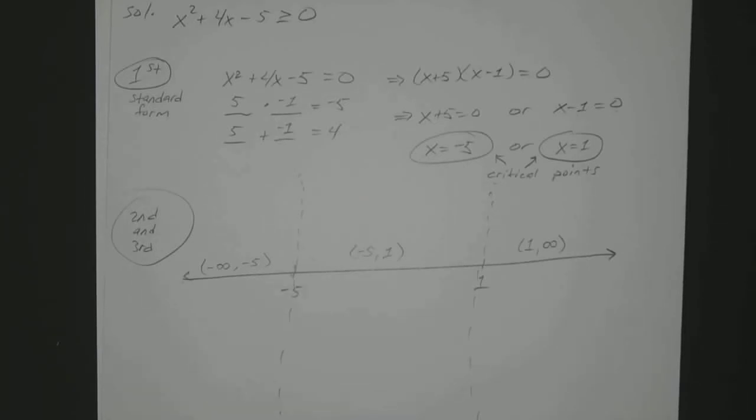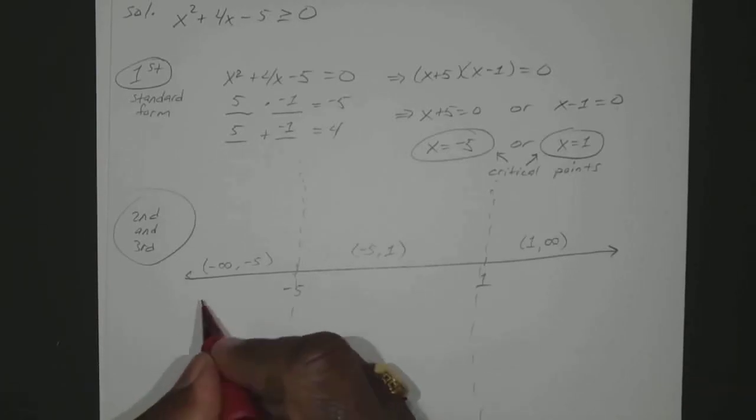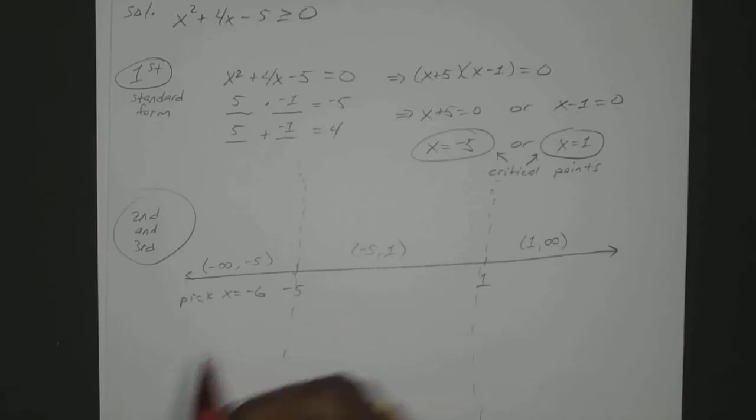Now we pick our test values. For this interval, I'll pick x equals negative 6. Again, completely random. If you want to pick a different number, you're more than welcome.